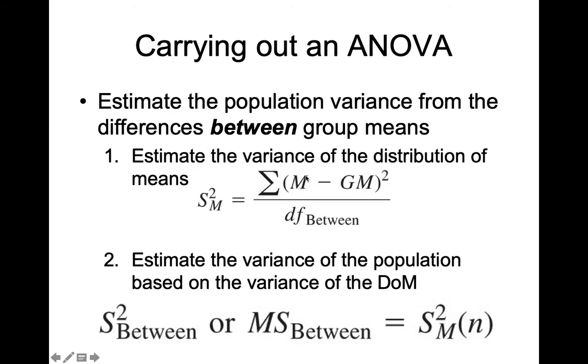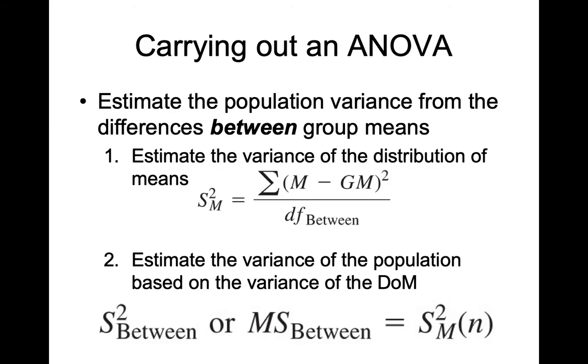So previously we had an x here, and now our mean is going to be the grand mean, the mean of means. So we're looking at the deviation of each of the sample means from the grand mean. We're going to square that deviation and then divide by degrees of freedom. You'll notice that this is the exact same way that we've calculated an estimated variance.